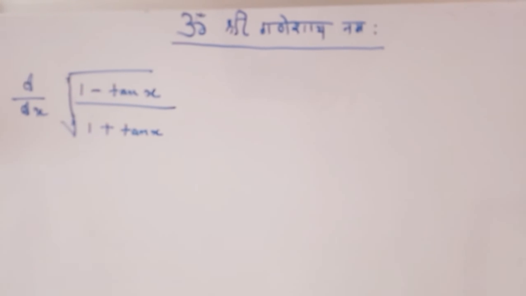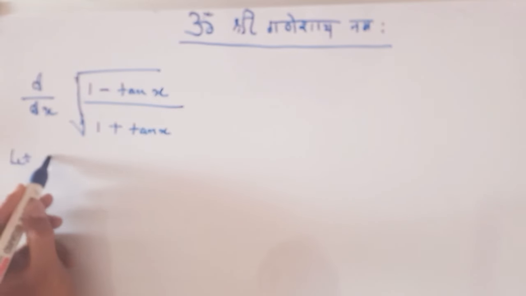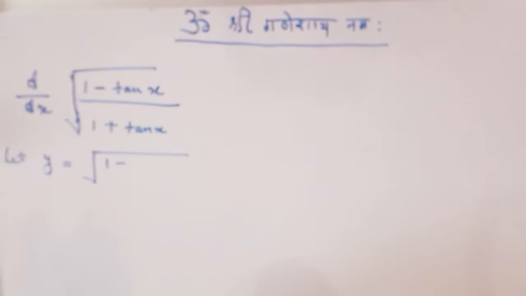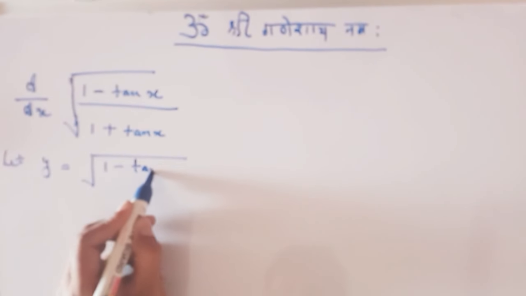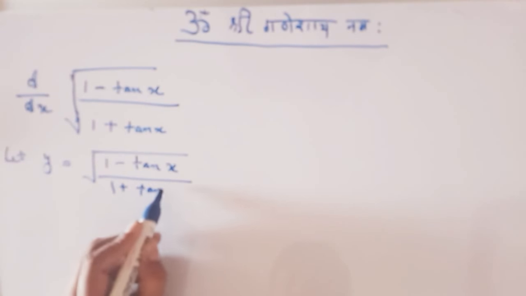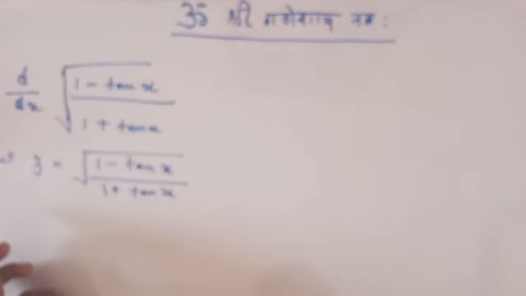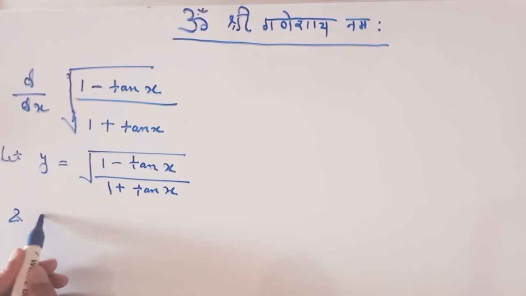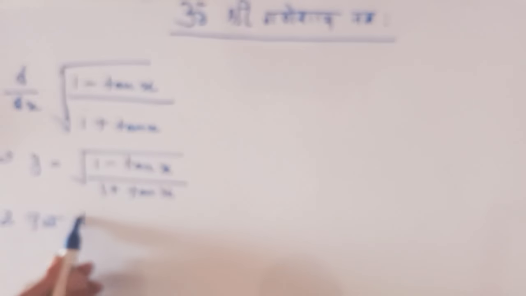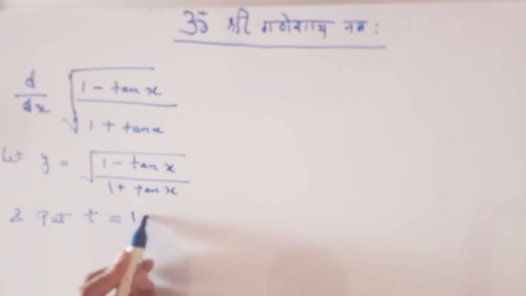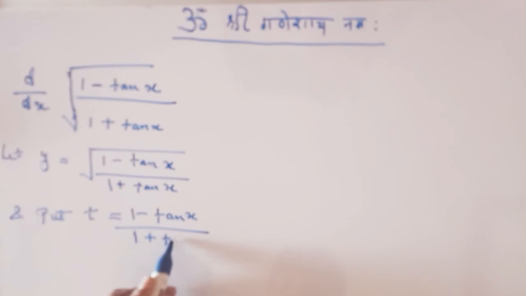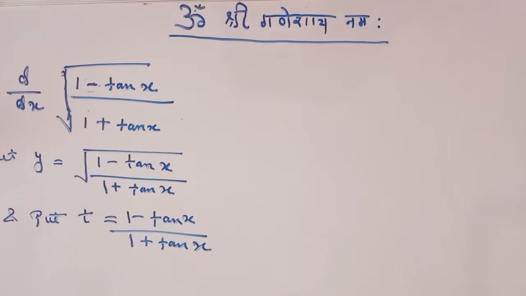Okay, so let's assume first of all that y is equal to root of (1 minus 10x) upon (1 plus 10x). We have to put t is equal to (1 minus 10x) upon (1 plus 10x).